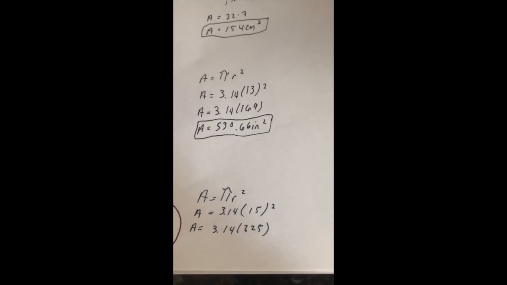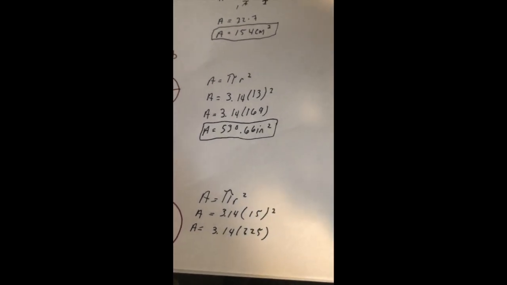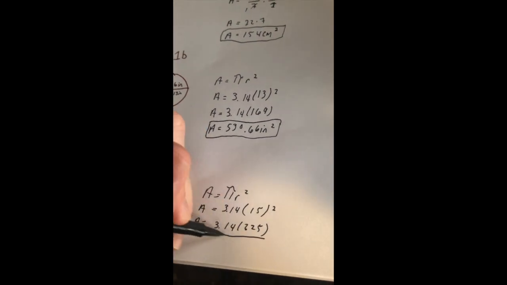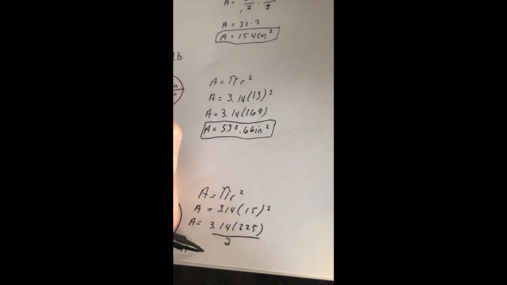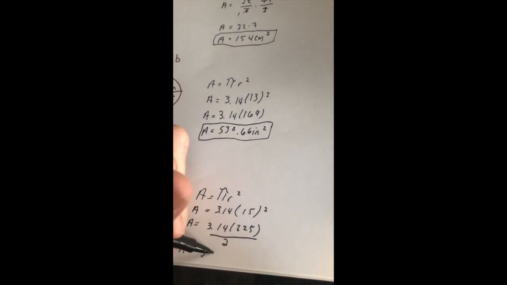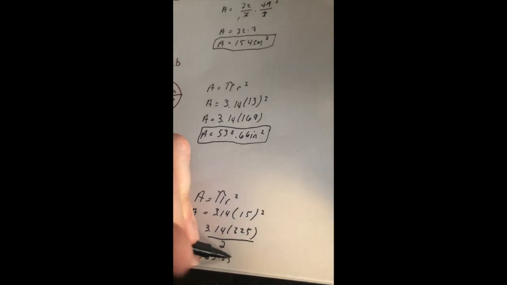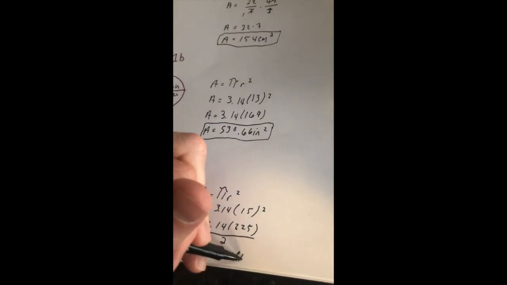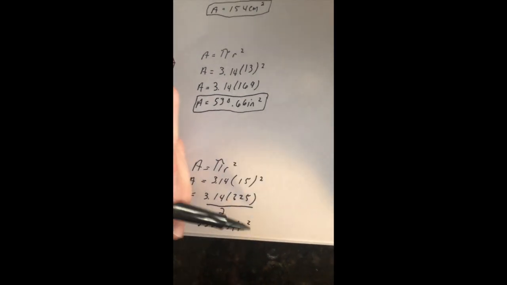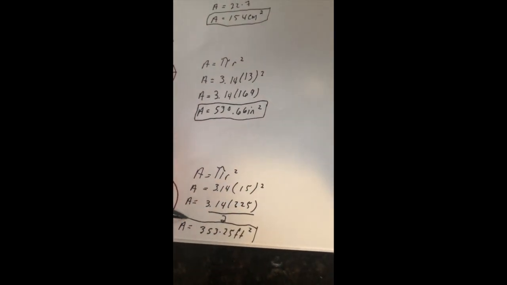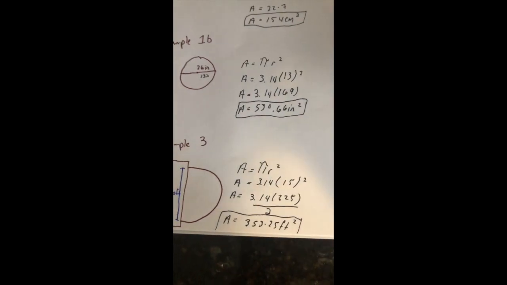And then we can multiply. And then we end up dividing by 2 because it's only a semicircle, it's half. So we are left with A is equal to 353.25 feet squared. And then that would be the area of that figure.